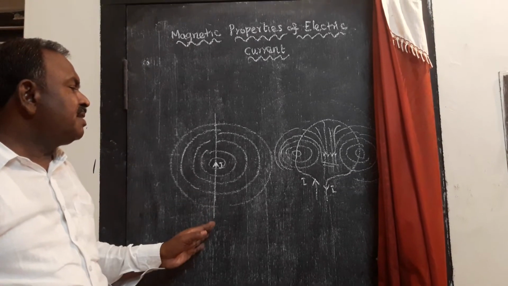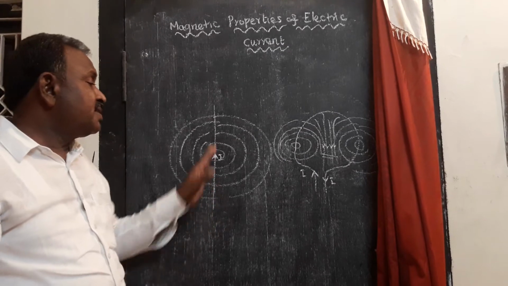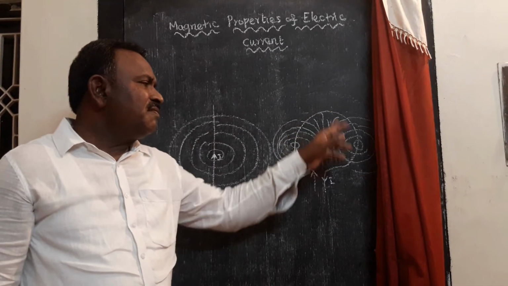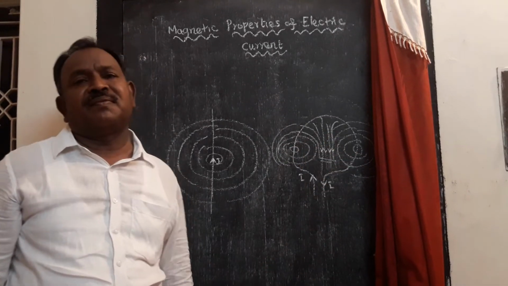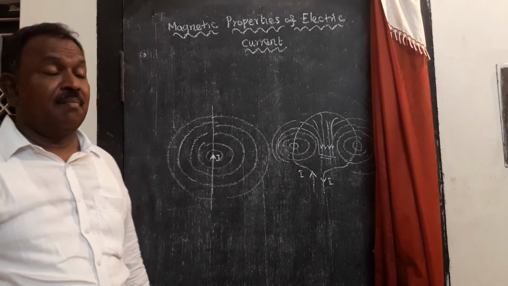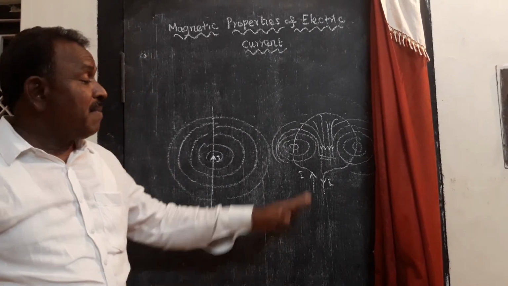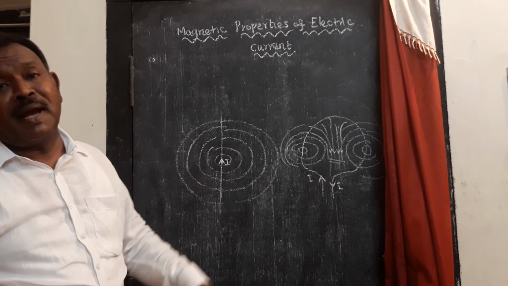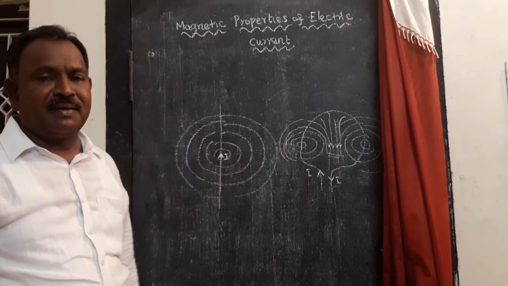We have seen that it forms concentric circles when the conductor is linear. And when it is in the form of a loop, we have a set of concentric circle field lines, but at the center the field lines are parallel, which tells that the magnetic field is uniform. This is how we can map the magnetic field due to a current carrying conductor.